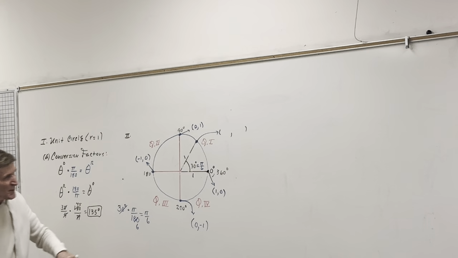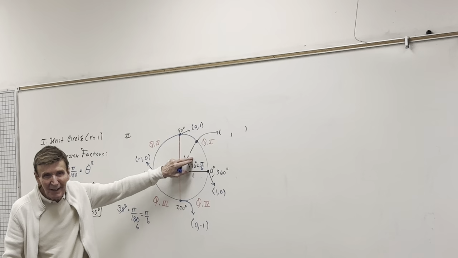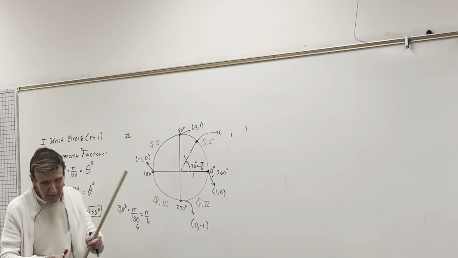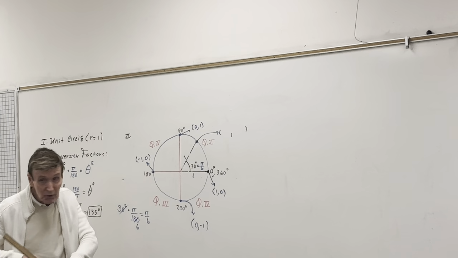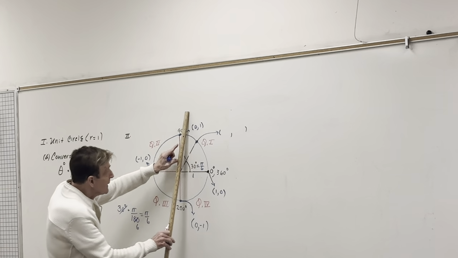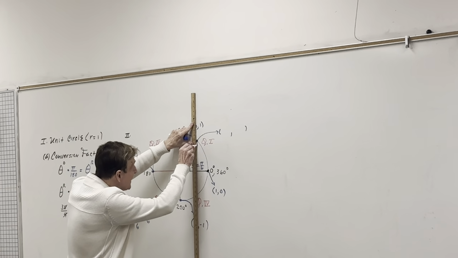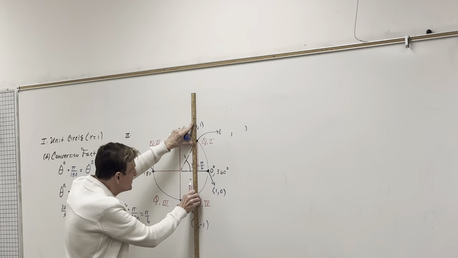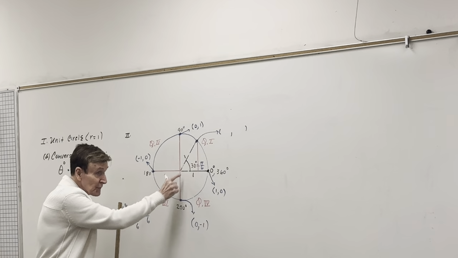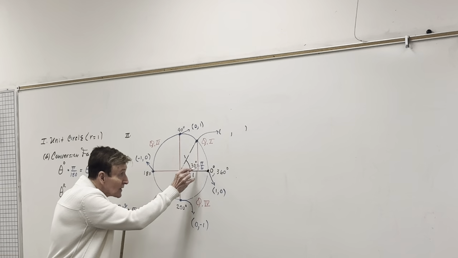If I go inside, now pick 30 degrees. I need the coordinates of that. I'm going to use the red marker here. If I drop a perpendicular down to the x-axis, I've captured that 30-degree angle in the corner. This is a right angle.